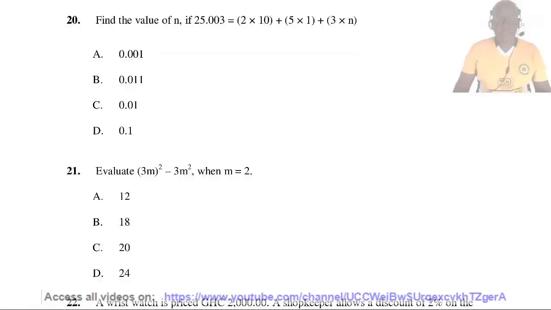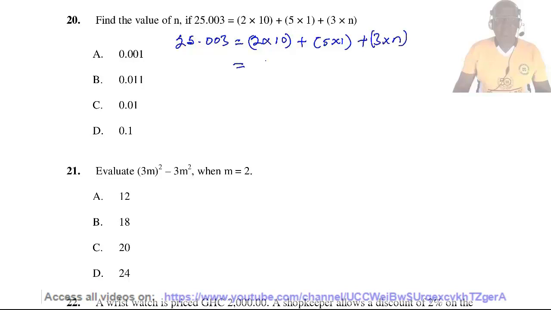Question 20. Find the value of n if 25.003 equals into brackets 2 times 10 plus into brackets 5 times 1 plus into brackets 3 times n. That is 25.003 to be equal to 2 times 10 plus 5 times 1 plus 3 times n.